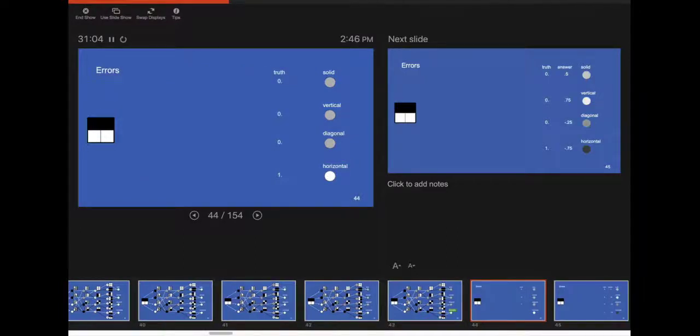In my toy example, this was my input, and then some human has given me a label, the ground truth. The ground truth was that this is a horizontal pattern. That's why the value of each of the other labels is 0 and horizontal is 1.